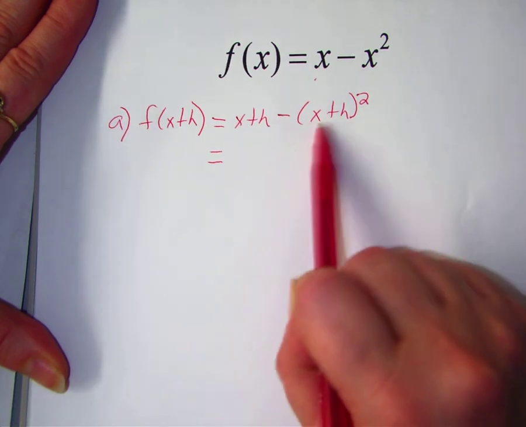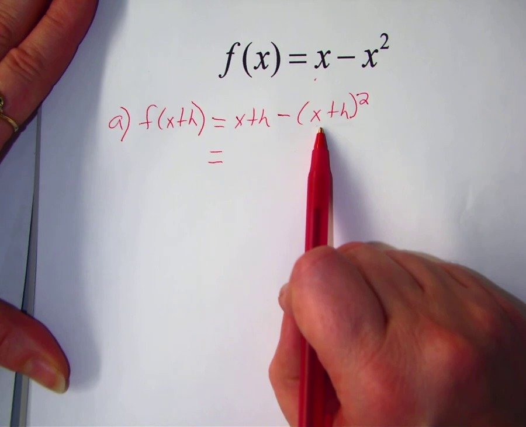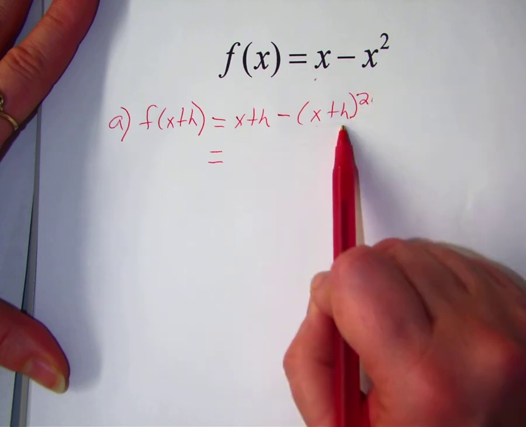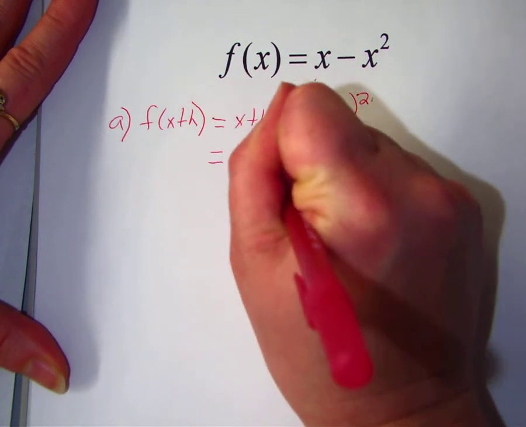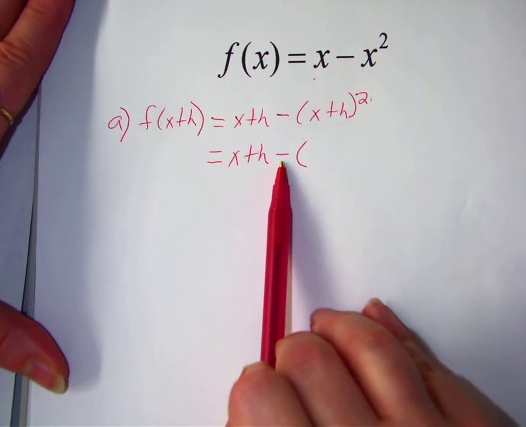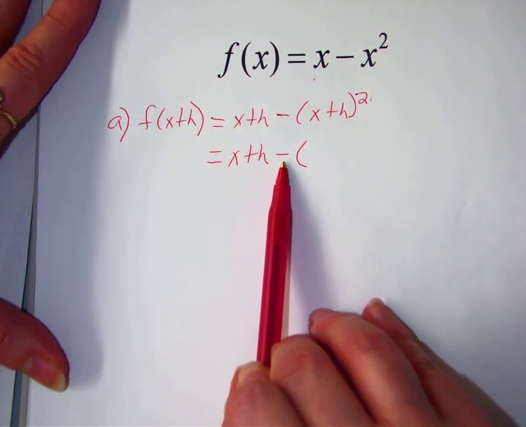All right, so I'm going to have to simplify this. I'm going to square this polynomial. I'm going to use the formula for squaring a binomial, which I keep telling you have to have memorized. I'm going to keep this in parentheses because after I simplify that, I'm going to distribute the negative.